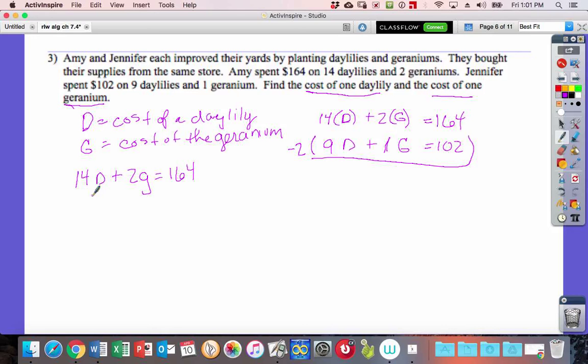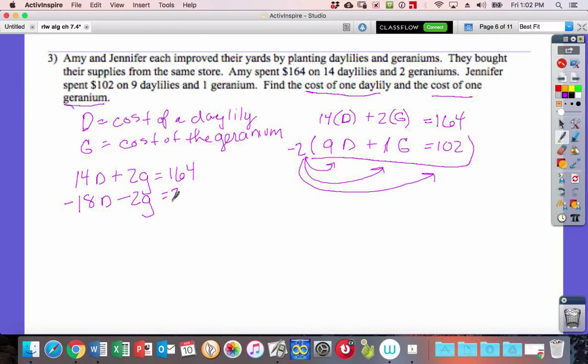And remember, in elimination, your goal is to eliminate one of the variables. I'm going to distribute the -2. I'm going to get rid of that G. And remember, this is the part everybody forgets. You have to distribute all the way across.